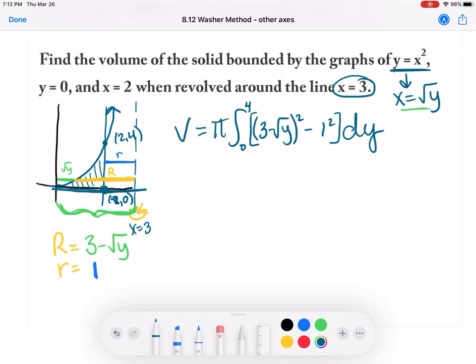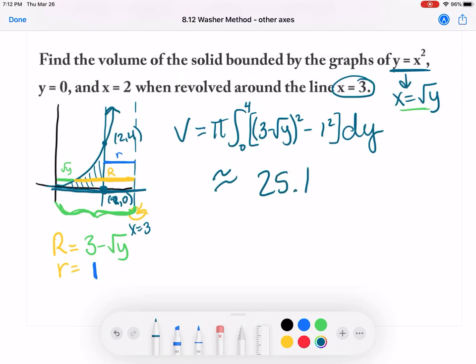This is a pretty messy function to integrate, so I earlier typed that into my calculator to get an approximation of 25.133 for a volume of that very strangely shaped object.